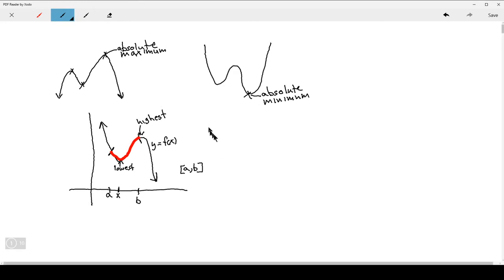All right, so I can probably cobble together a definition here for you. So an absolute maximum, what are we going to call an absolute maximum? Well, it is the highest point on the function.